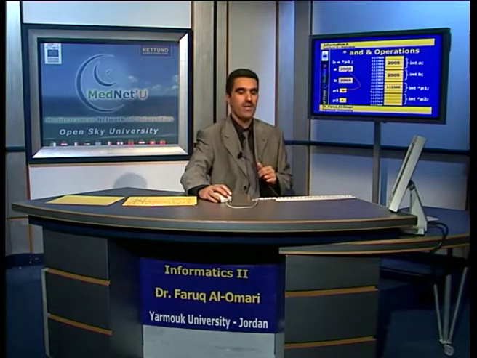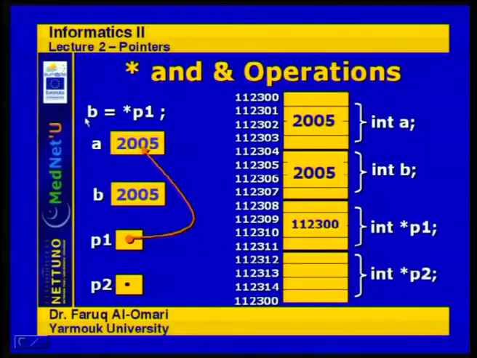Okay, let's see what we can do. When I say something like B equals asterisk P1, what I'm doing in here is changing the content of location B so that it contains whatever data is pointed to by P1.